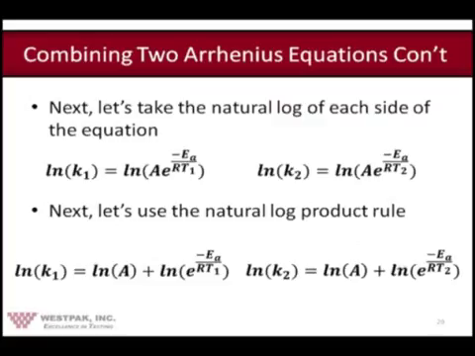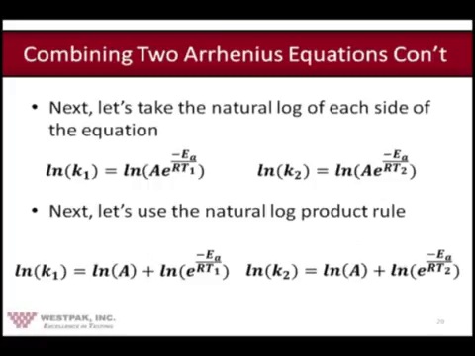Then what we do is use this natural log product rule. So what's the product rule? Well, as I remember it from my high school days, working in natural log, the products are always 2 steps behind. So if you have the multiplication in these top logarithmic equations, 2 steps behind multiplication is addition.